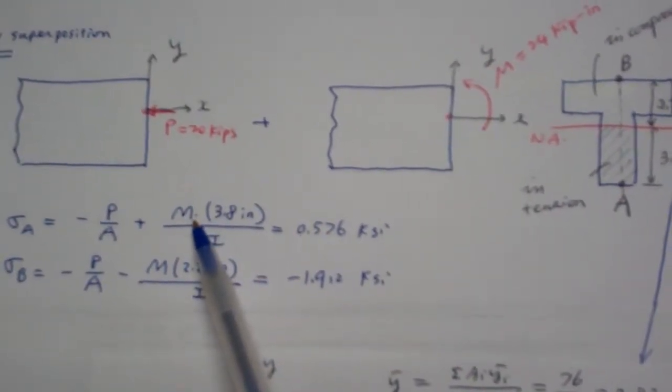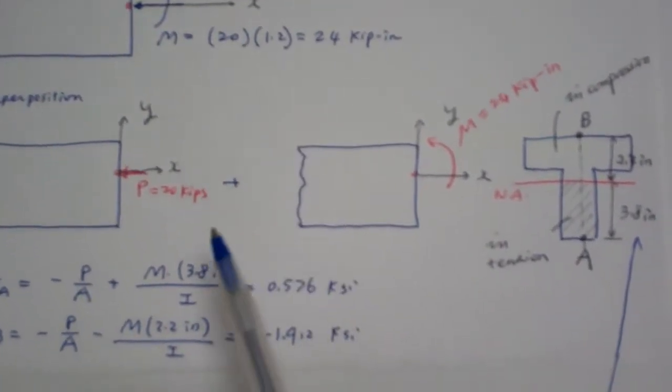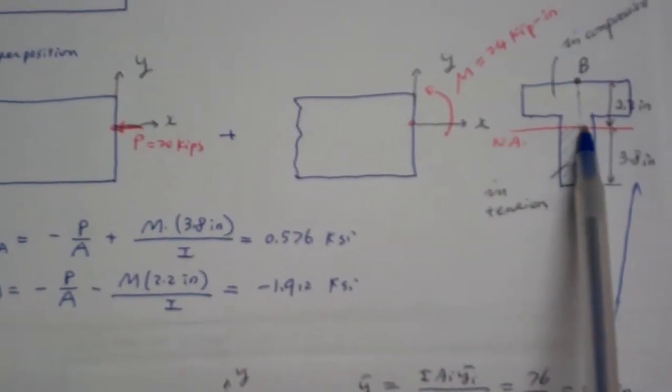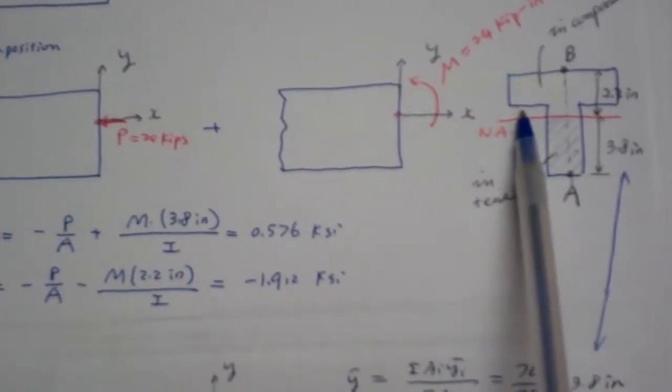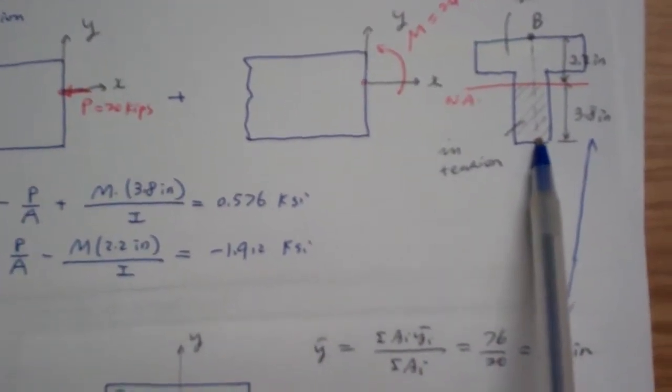M is the bending moment 24 we calculated here, and y is the distance measured from the neutral axis of this pure bending to A, which is given as 3.8.